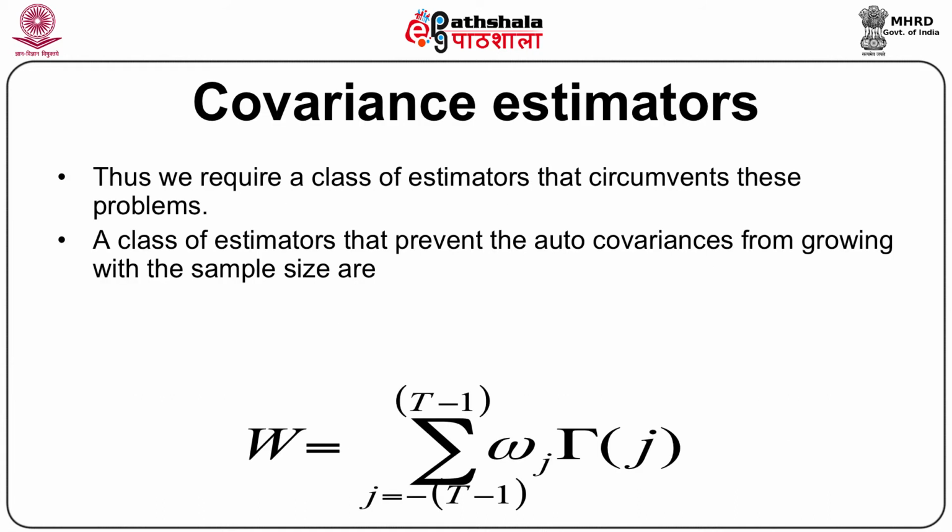Now, thus we require a class of estimator that circumvents this problem, a class of estimator that prevents autocovariances from growing with the sample size, where W is equal to the sum over j equal to minus T minus 1 to plus T minus 1 of omega j gamma j.